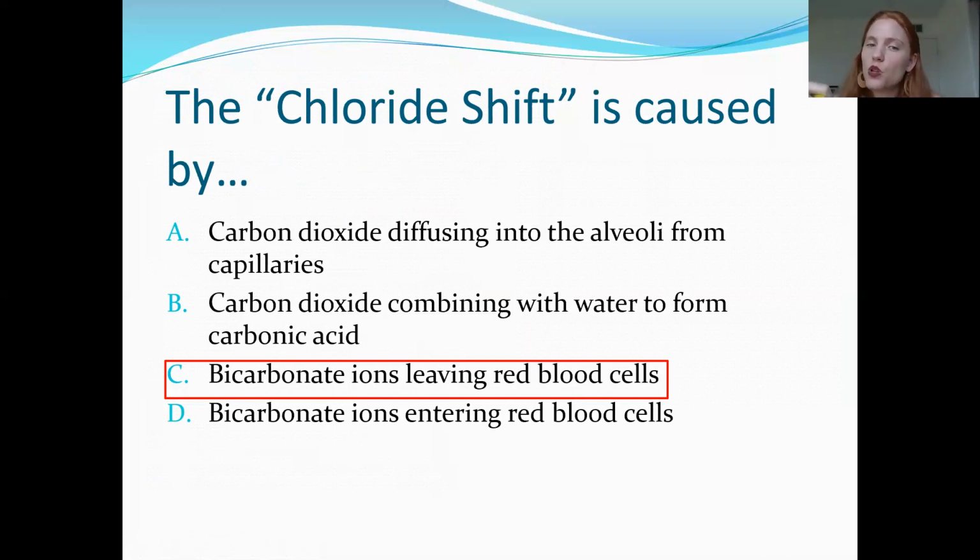And so the chloride is going to come into the cells to balance that change in charge. So what would D be called? D is called the reverse chloride shift, because the chloride will then leave again as you take on the bicarbonate to go back the other direction.